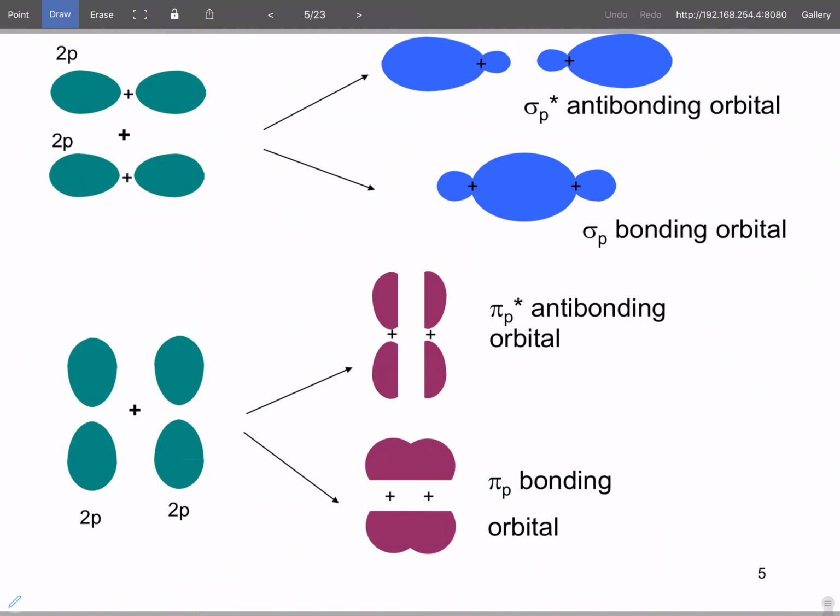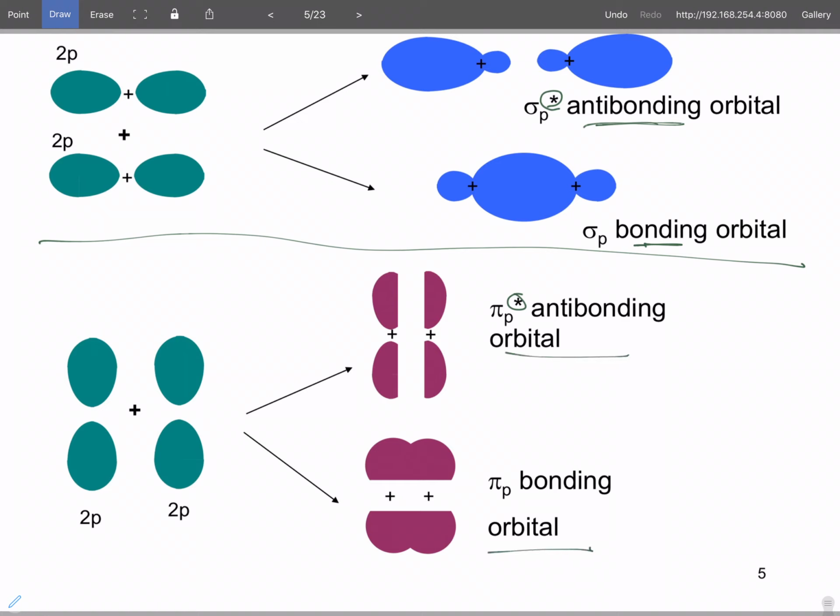You can combine them as a bonding orbital. So here, when they overlap end on, here's your bonding orbital. Here's your anti-bonding orbital. And notice that the anti-bonding orbitals all have the little stars. And if you sideways overlap, you end up with the bonding and the anti-bonding.